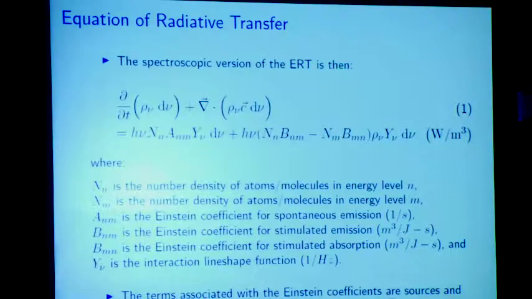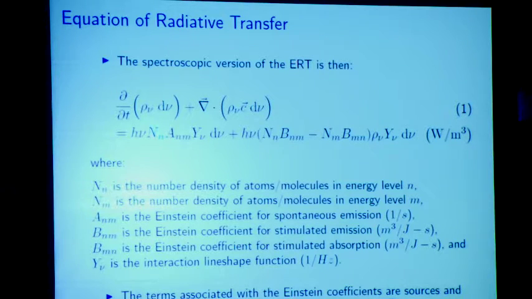So the spectroscopic version of the ERT is this one, where we're looking at the rate of change of energy within the volume plus the divergence of the energy flow as it goes through the volume, and that has to equal source and sink terms, which are given by these. That's all that is. It's the same as energy conservation in other expressions, just written with different constitutive relationships. That's all.